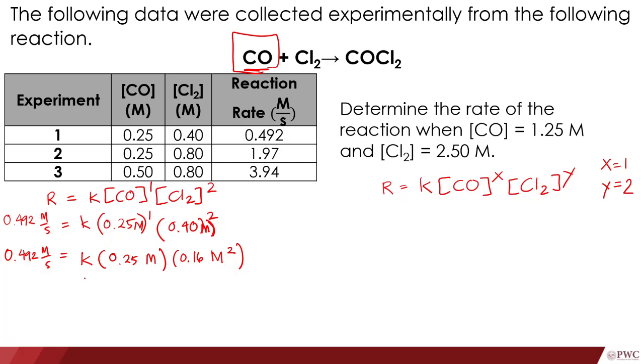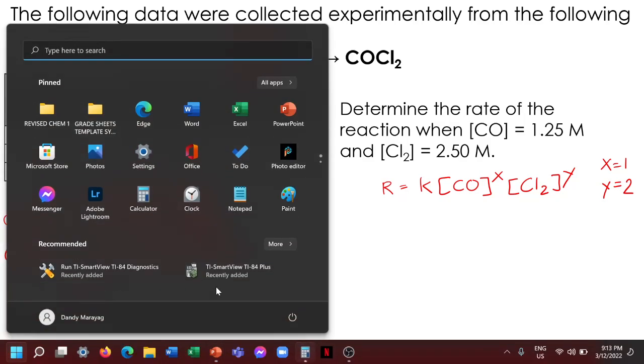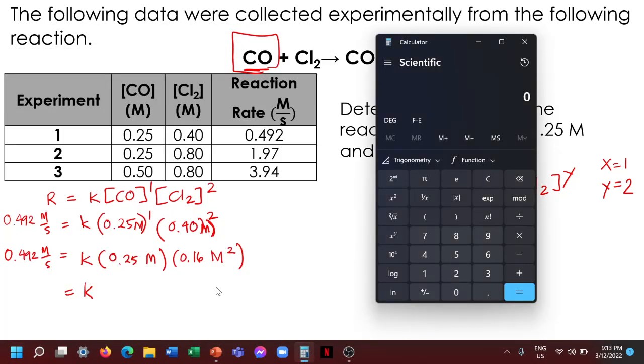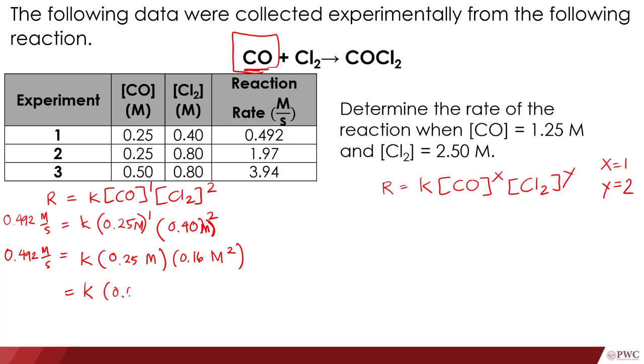Next, since we are finding for K, let's multiply this one first, 0.25 times 0.16. That's equal to 0.04. 0.04 molar times molar squared.